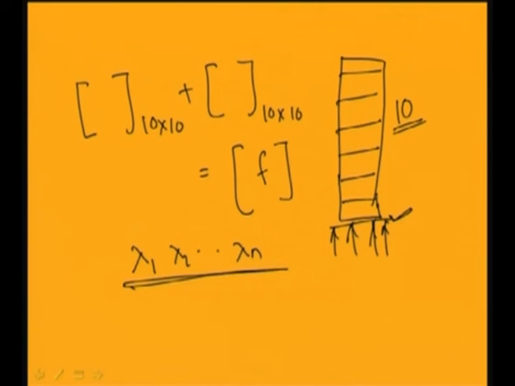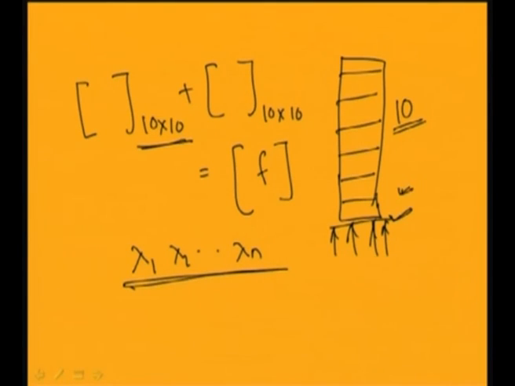In those cases, as we know, resonance occurs when the natural frequency is near the external excitation frequency. So instead of taking the full modal matrix, that is the 10 by 10 modal matrix, we may take fewer modes.